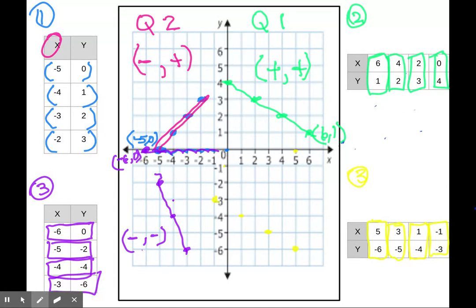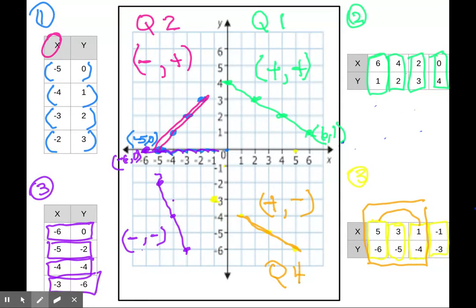So if you notice these three right here, where's a good color? These three right here are a positive number and then your negative numbers. So these that are in orange, if you notice, they are in quadrant 4.